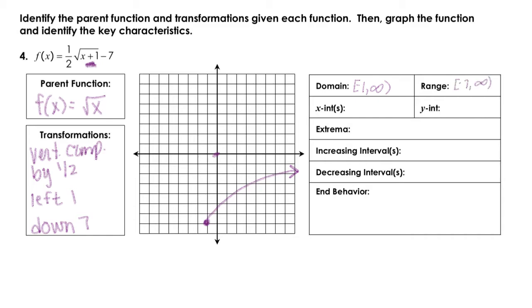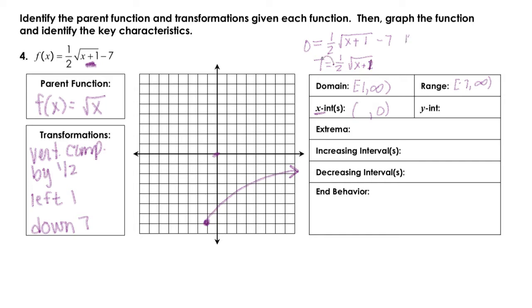To find the x and y-intercepts, remember for the x-intercept, that's where y is 0, and then we solve. So we're going to let f of x be 0 equals 1/2 times the square root of x plus 1, then minus 7. We're going to add 7 over, and then you're going to want to multiply by this 2 and multiply that over.